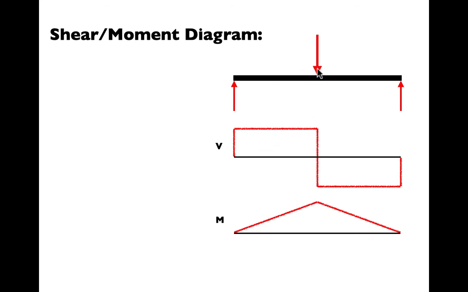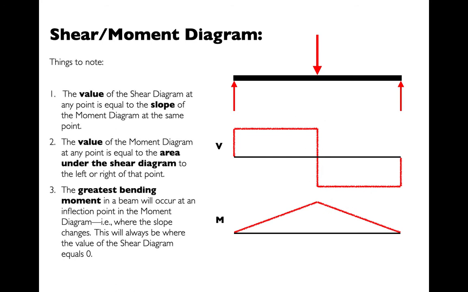For a single load on a simply supported beam, the shear diagram looks very simple like this. And remember that the value of the shear diagram equals the slope of the moment diagram, and the moment diagram will peak or valley, both places are things that we're interested in, wherever the shear diagram crosses zero. This is what we call the inflection point.